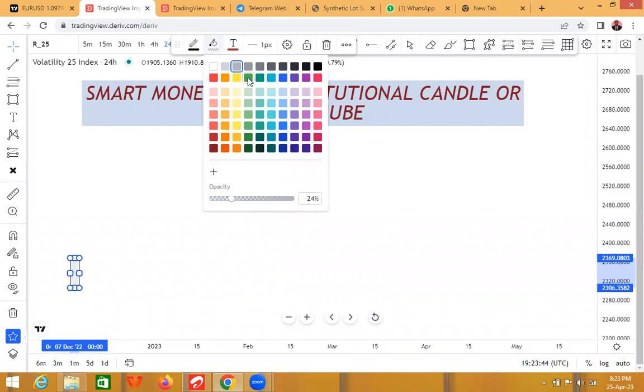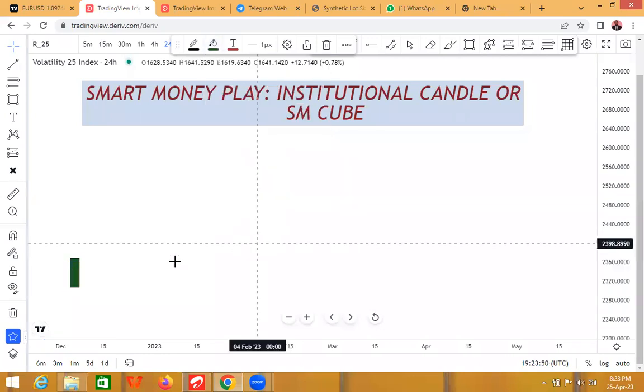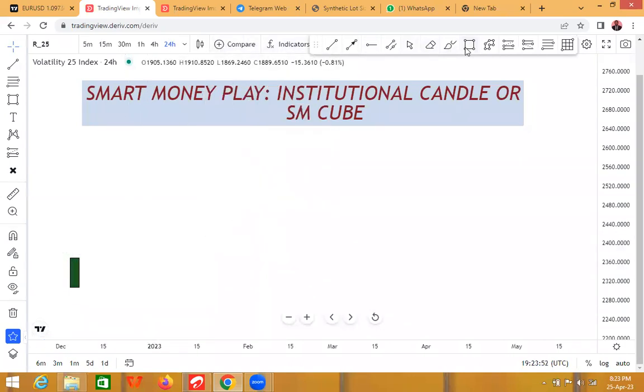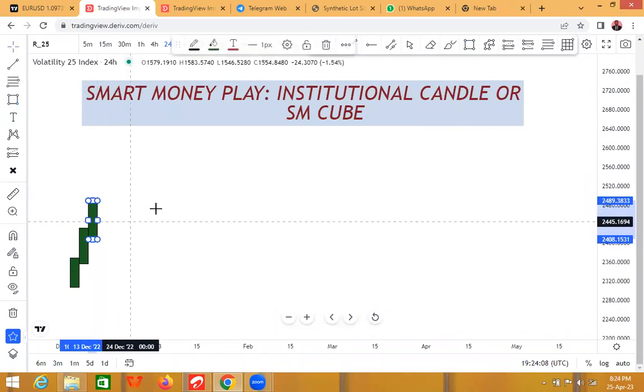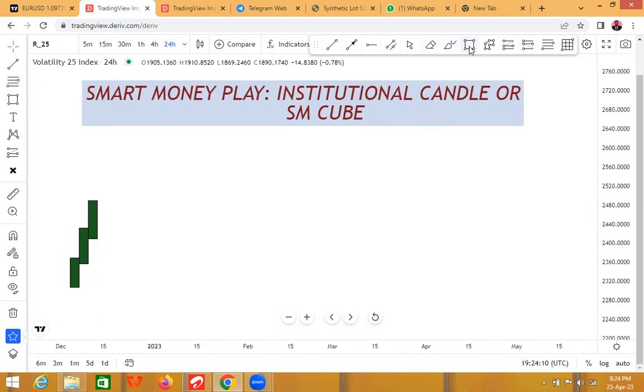We're in a bullish market. All right, that's fine. This is a bullish formation. You can see this is a bullish trend, or these are bullish candles.